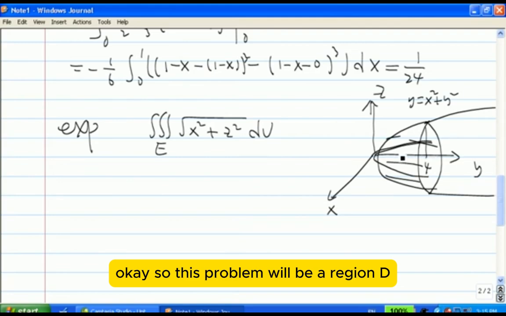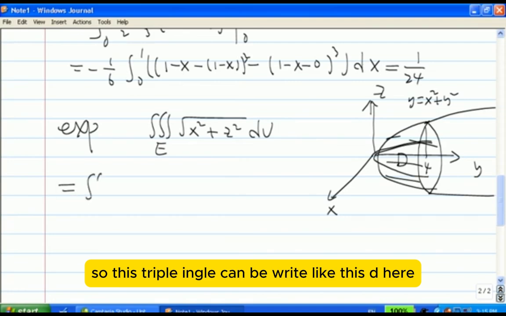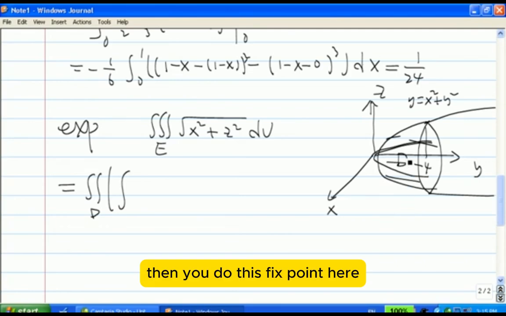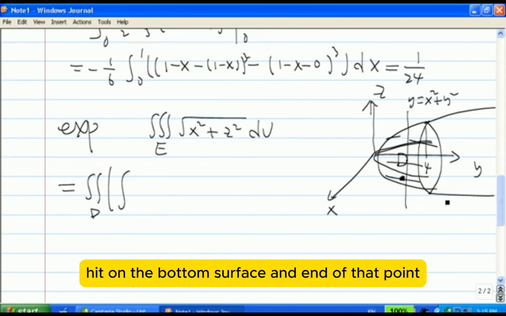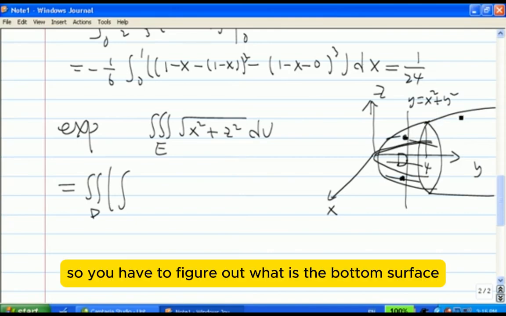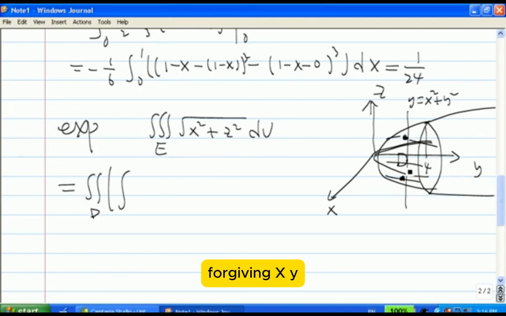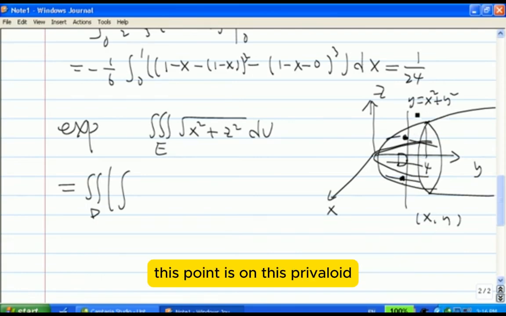So this parabola will be the region D. Let me write this. So this triple integral can be written like this. Fix a point here, you go up and find out your z is bigger than the point you hit on the bottom surface, and less than the point you hit on the top surface. So you have to figure out what is the bottom surface and what is your top surface. For given xy, we want to find z. Obviously, this point is on this paraboloid.